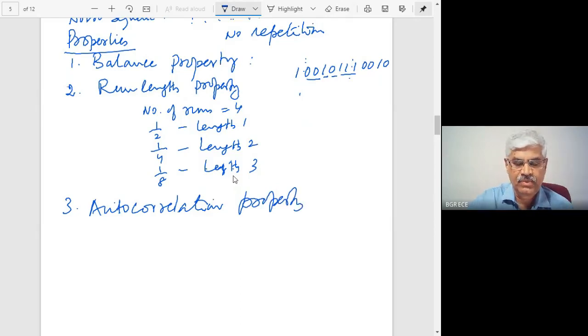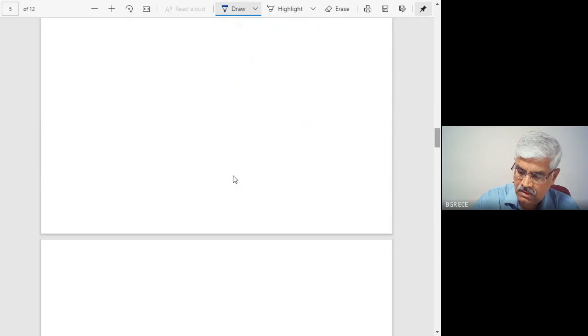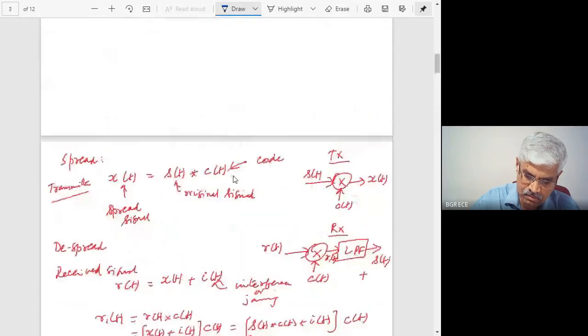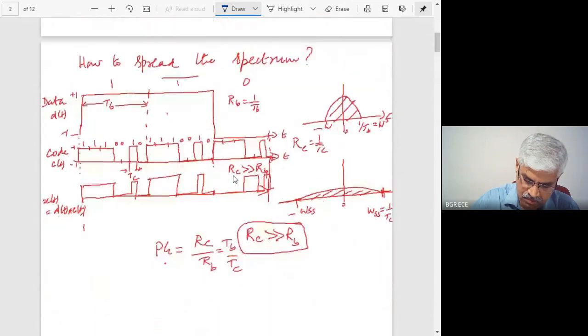Autocorrelation property, which is very important. So here we simply multiplied the sequence that we have generated, the code, with this signal.